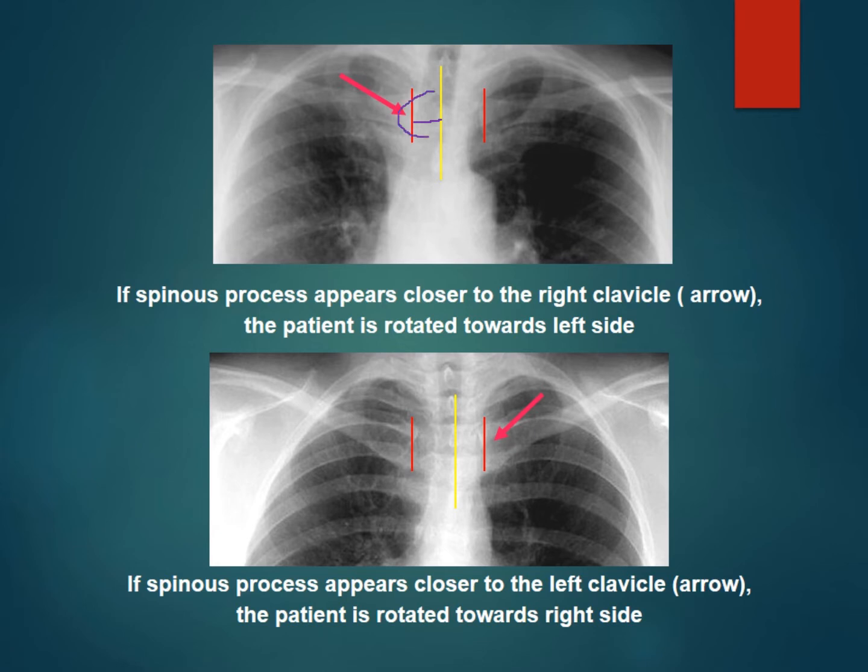So this distance is less as compared to the other side. So the distance is less on the right side, so the patient is rotated towards the left side. So basically the patient is rotated towards the side where the distance is larger.